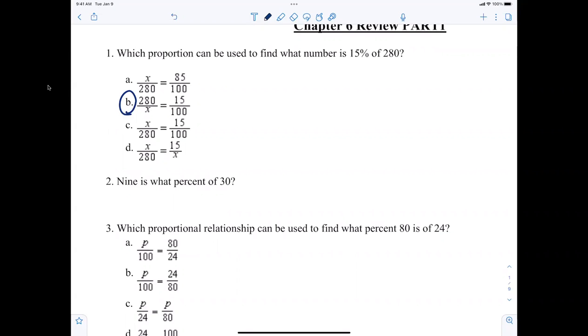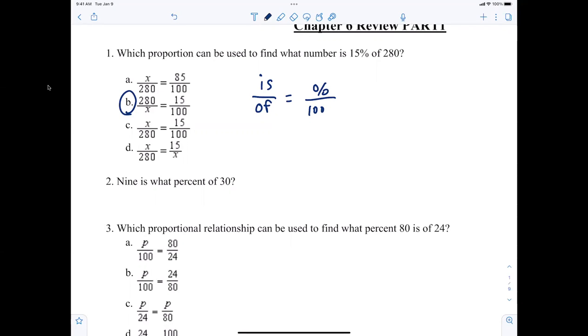I don't understand how you get a proportion for that. Is over of equals percent over 100. That's the form we've been doing. So 15%.